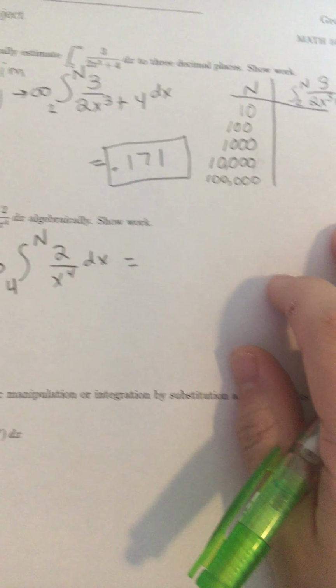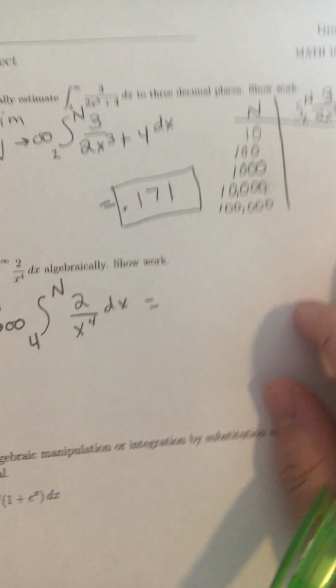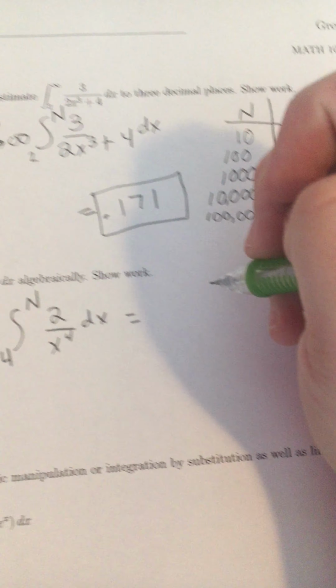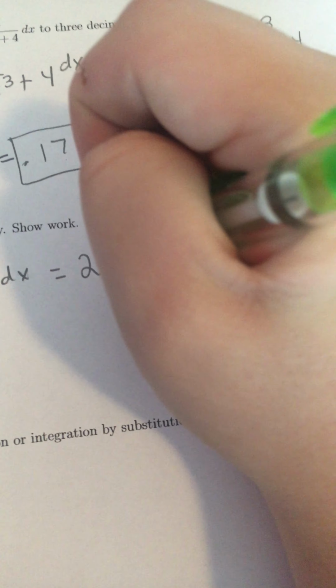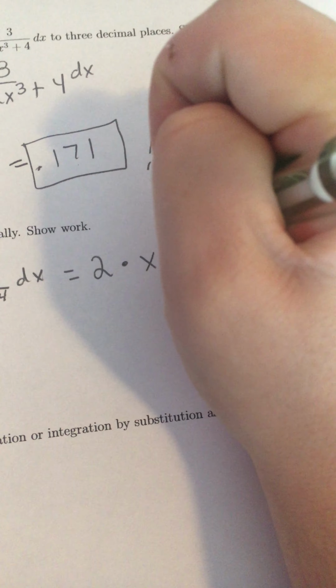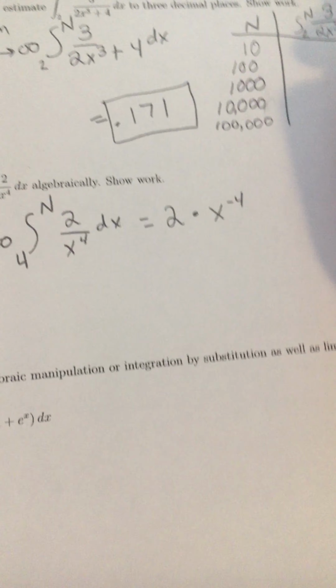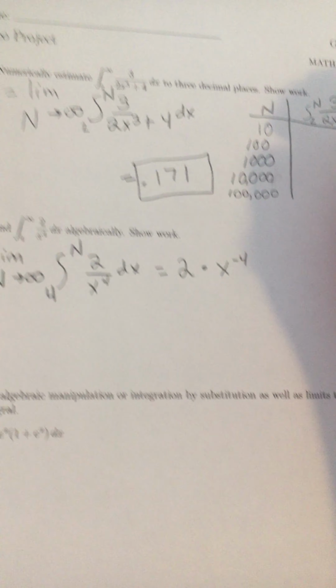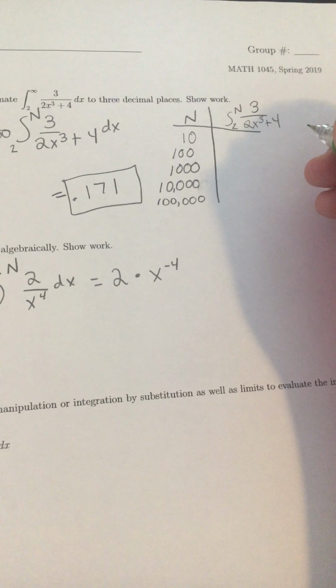And then, so we start out, 2 over x to the fourth can also be written as 2 times x to the negative fourth. So that makes it easier on our part.